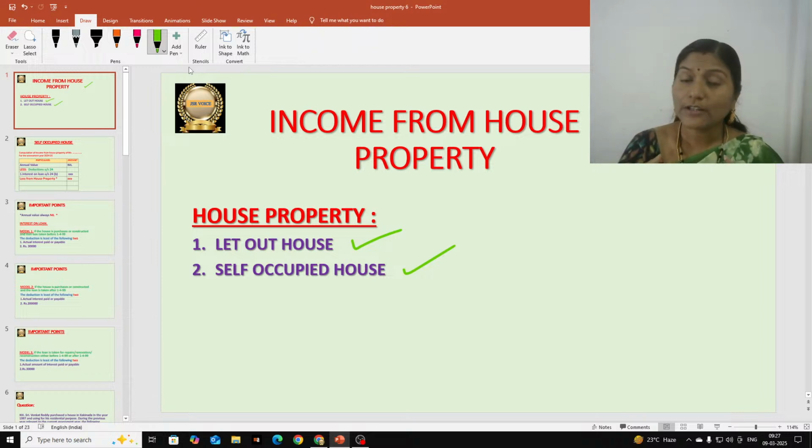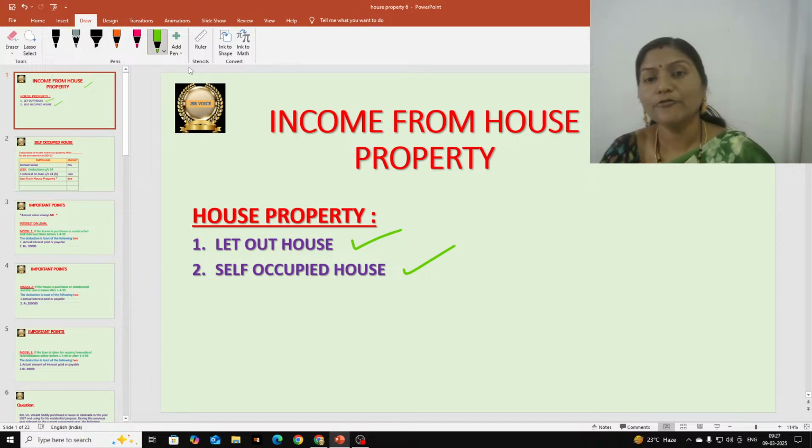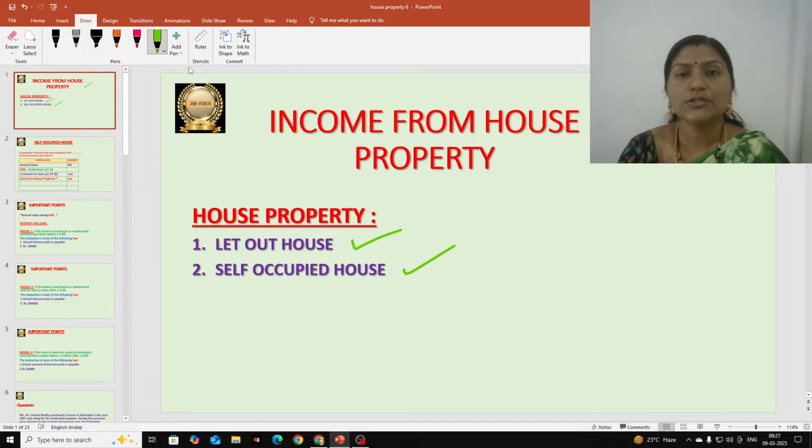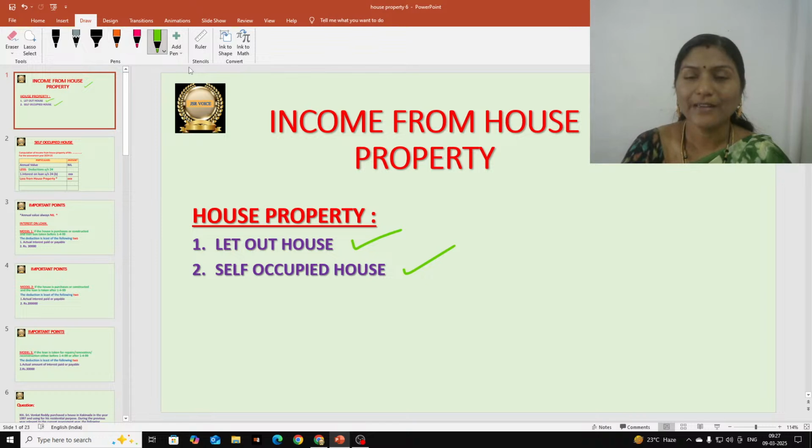And we should calculate what income he is getting out of that self-occupied house. We can call that house self-occupied if the owner stays in the house for his own residence, and we should calculate how much income from house property he is getting, by applying all the rules and regulations of the income tax department. How to calculate that, we will discuss now.